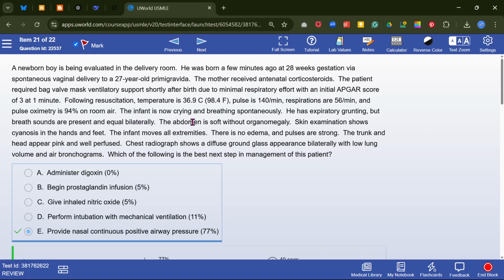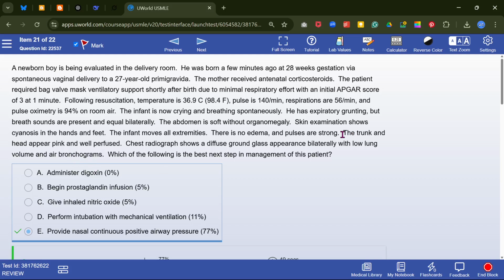The infant is now crying and breathing spontaneously. Chest X-ray shows diffuse ground glass opacity bilaterally with low lung volume and air bronchogram. It looks like neonatal respiratory distress syndrome.